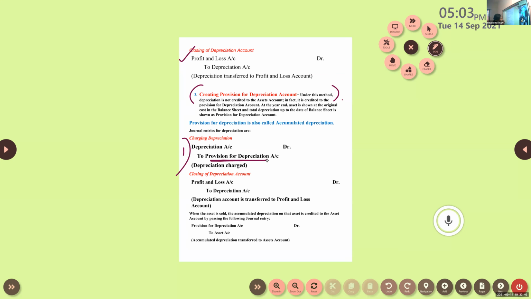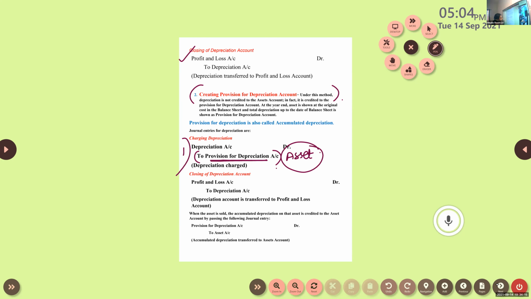In the earlier case, what was the journal entry? Depreciation account debtor to asset. So that time from the asset account, we were reducing this depreciation. But here, we are not doing anything with the assets. Instead of that, we have opened a new account, that is provision for depreciation.